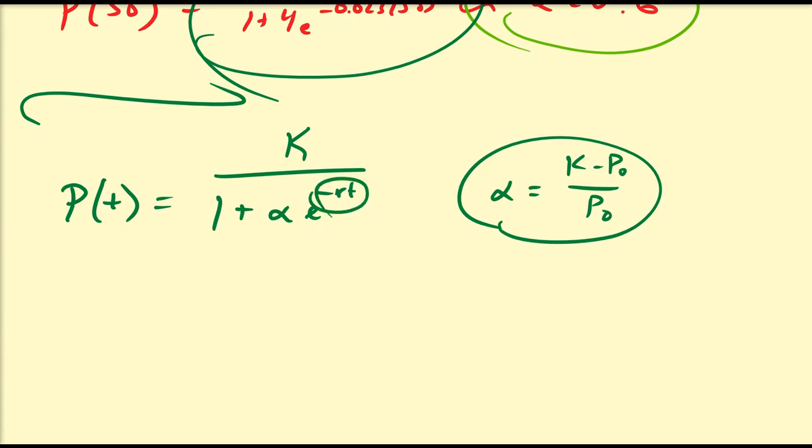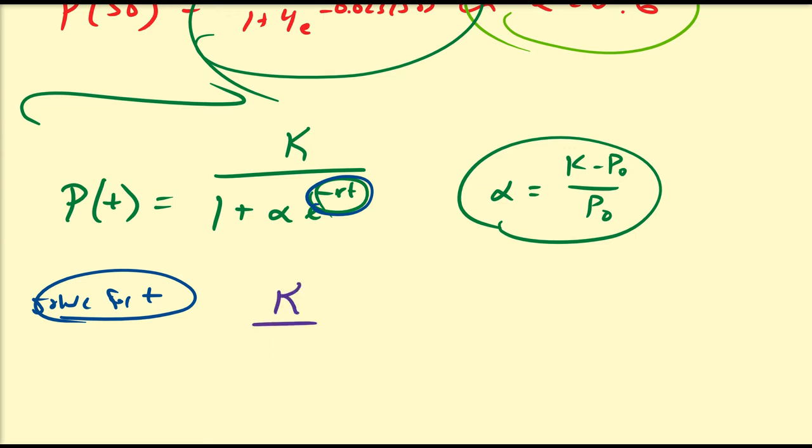So let's solve this equation for t. That should not be hard. I'm going to begin by multiplying both sides by 1 plus alpha e to the minus rt, and that's going to give us k over pt. So I'm going to multiply both sides by the denominator and then divide both sides by pt.